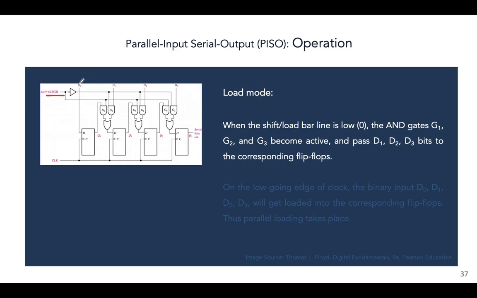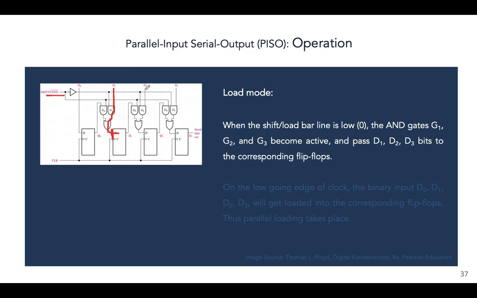So there's no restriction on the passage of D0, as you can see in this figure. Nothing is stopping D0. D1, D2, D3, however, have to pass through these combinations. So when G1, G2, G3 are active, they pass D1, D2, and D3 to the corresponding flip-flops. So D1, this is open now, so this will pass on to this. It doesn't go in at the moment.